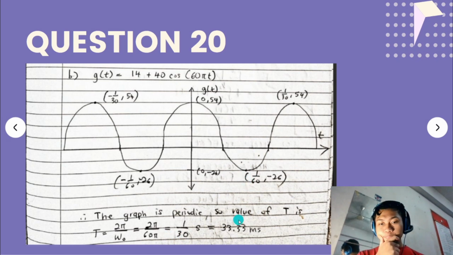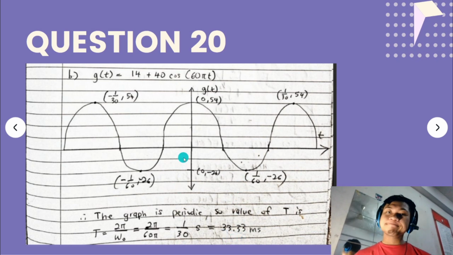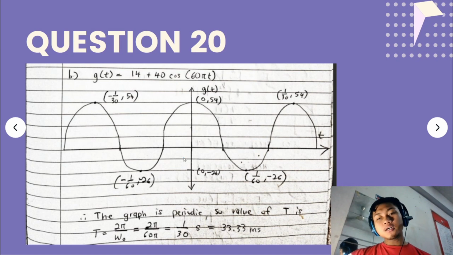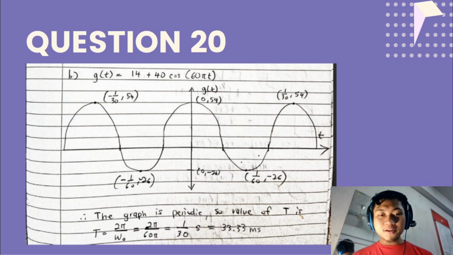So the period is 33.33 milliseconds. I think for the graph, that's all that I want to share today. If you have any questions, you can chat in the chat box below.